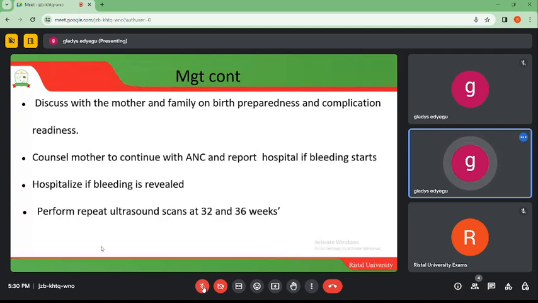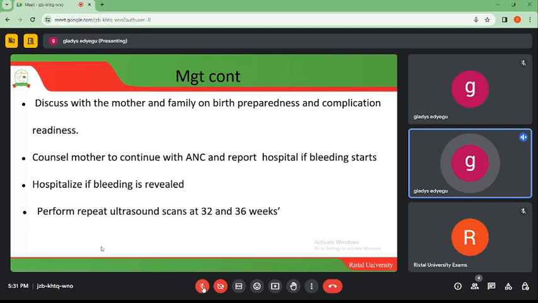So you need to perform a repeat ultrasound scan at 32 and 36 weeks. We may do a scan at an earlier age of the pregnancy, the earlier weeks, and it may show us that there is placenta previa. But as the pregnancy continues to the later weeks, for example 32 and 36, we may repeat the ultrasound scan and it may not actually reveal the placenta previa.